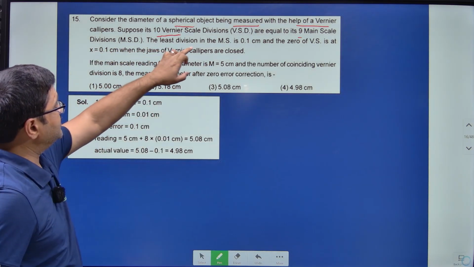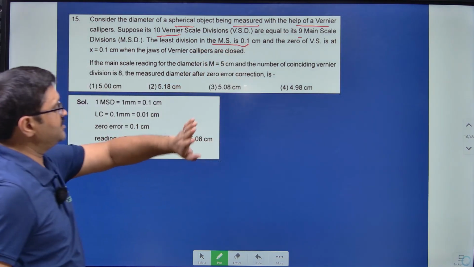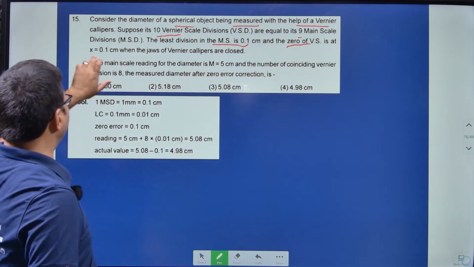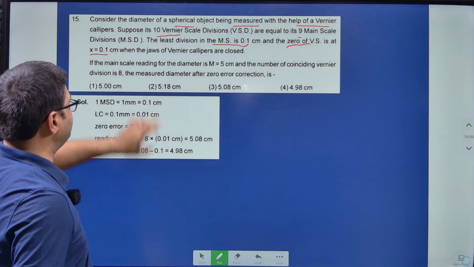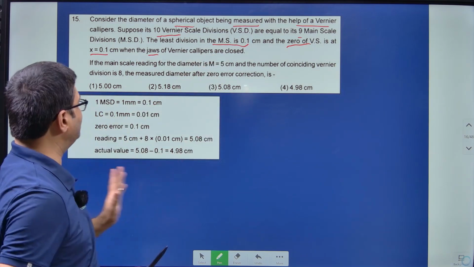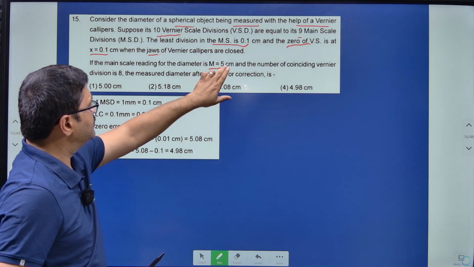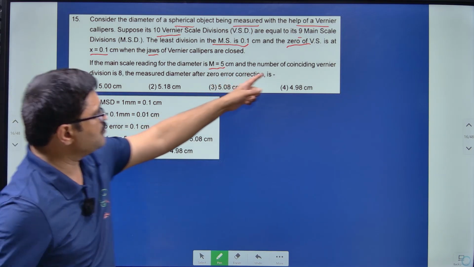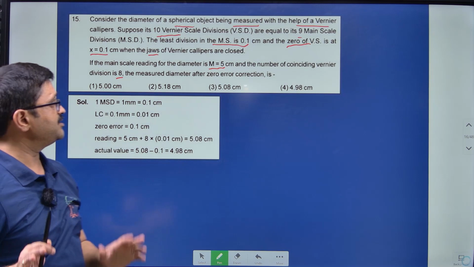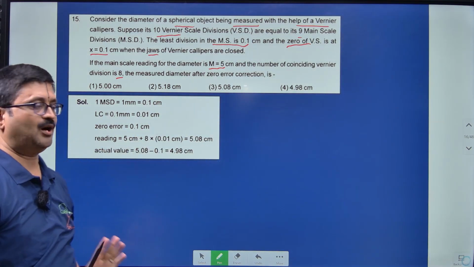The least division on the main scale is 0.1, they are saying, and the zero of the vernier scale is at x equal to 0.1 centimeter when the jaws of the vernier caliper are closed. If the main scale reading for the diameter is 5 centimeter and the number of coinciding vernier divisions is 8, then what is the measured diameter after zero error correction?